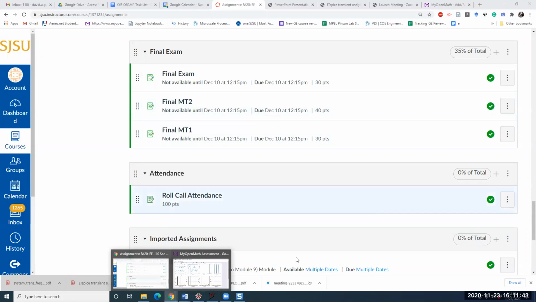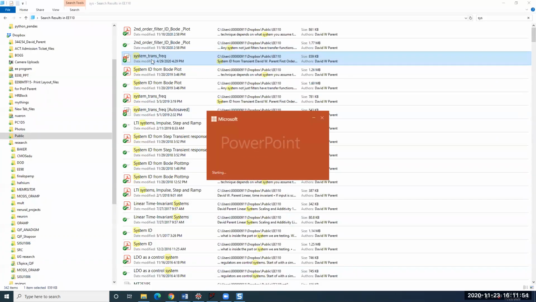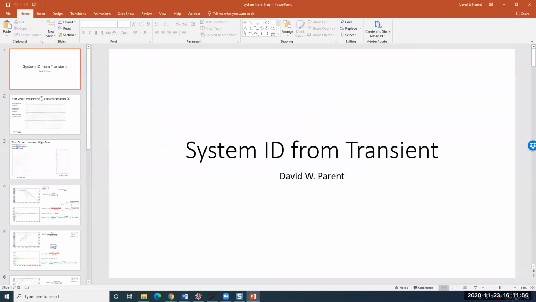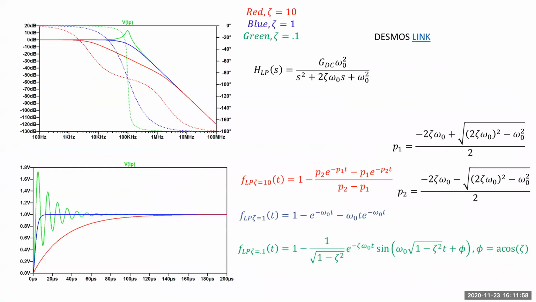So if your question is, tell me the exact damping ratio, extract some exact value, that isn't going to be on the final.